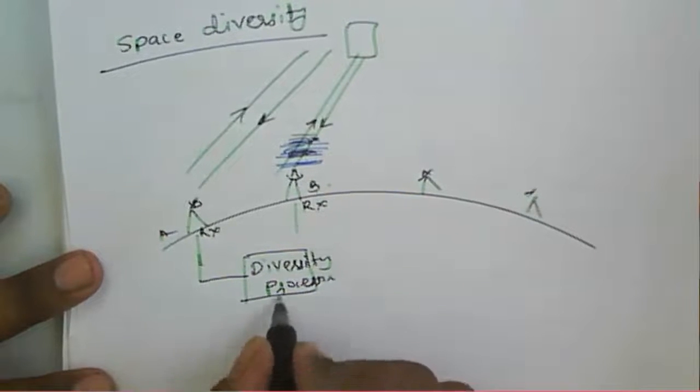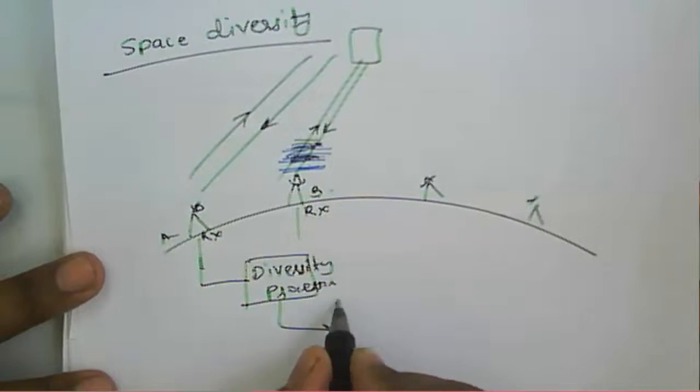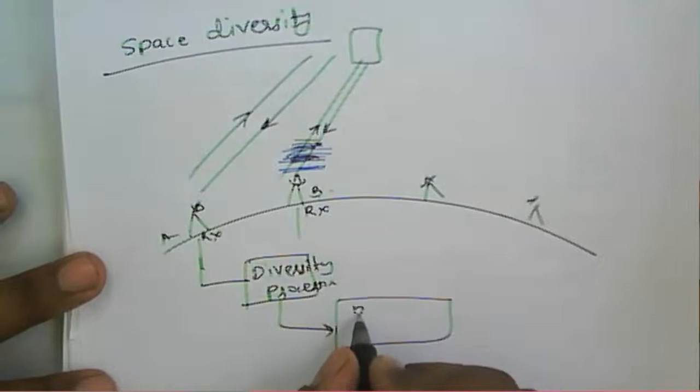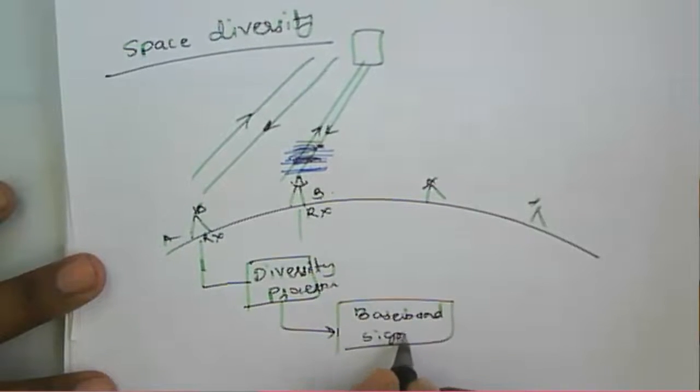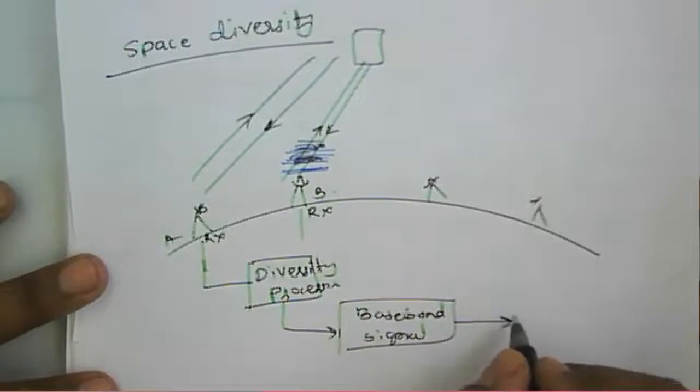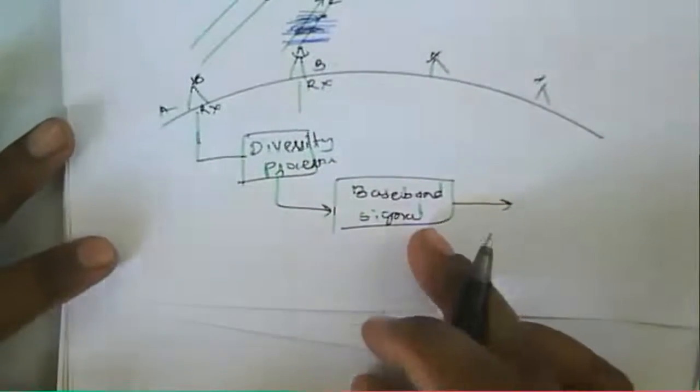The diversity processor will select any one of the signals, and using that, it will be transmitted to the particular band of operation.